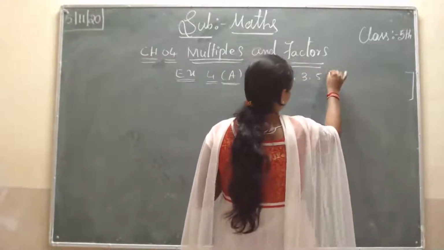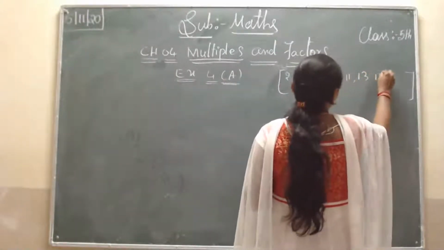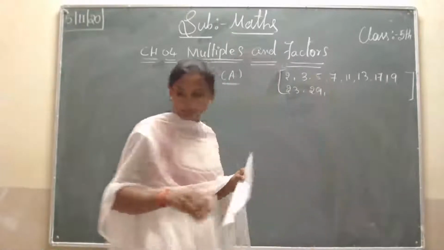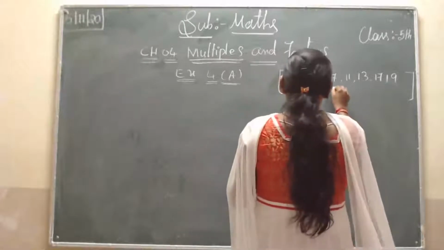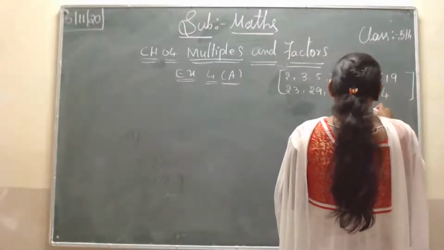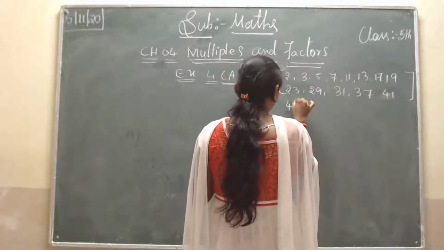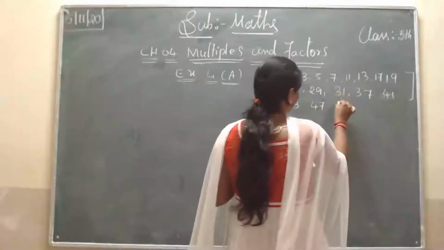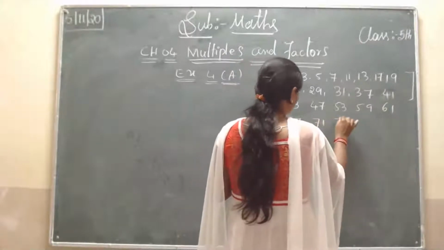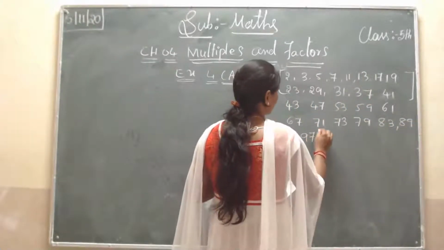So 2, 3, 5, 7, 9 is not prime, then 11, 13, 17, 19, 23, 29, 31, 37, afterwards 41, 43, 47, 53, 59, 61, 67, 71, 73, 79, 83, 89, and last, 97.